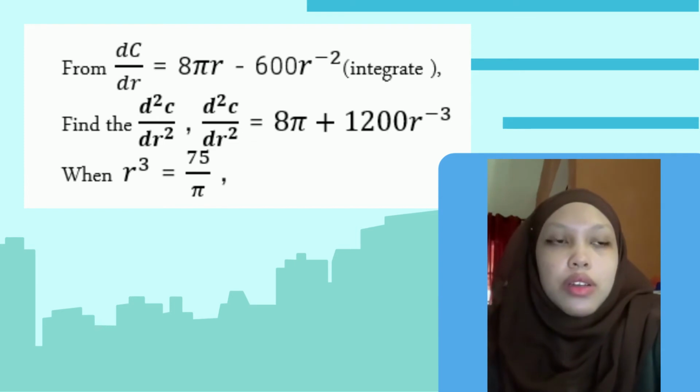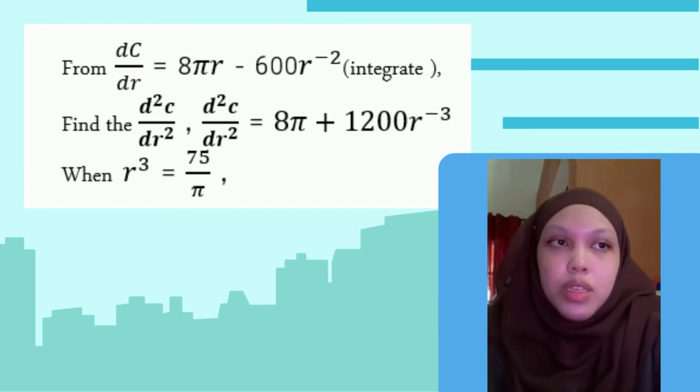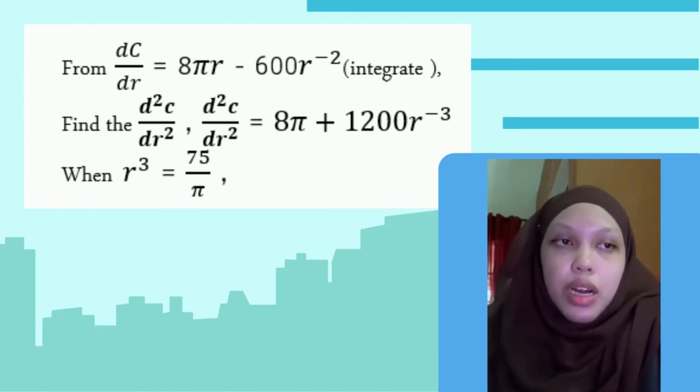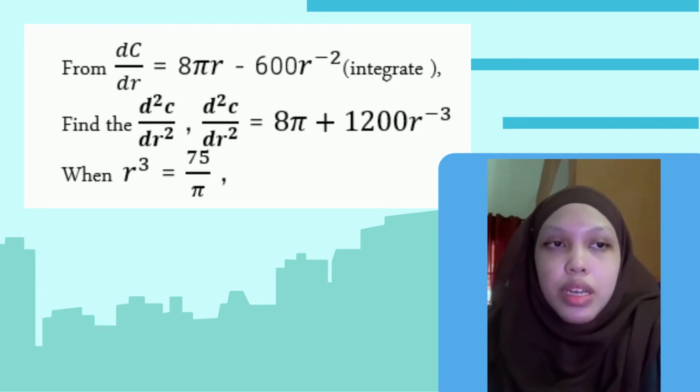And then when r cubed is 75 per pi, we need to replace the r in the equation. It will become 8 pi plus 1200 per 75 per pi. So it will get 24 pi.